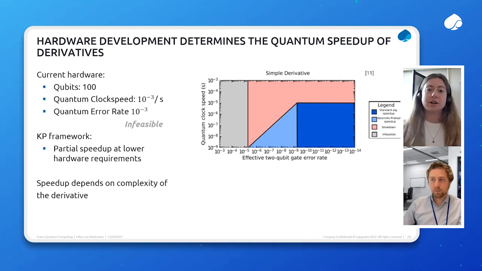Now, based on this quantum clock speed and the effective error rate, a recent paper published some possible scenarios of how this would go in the future.